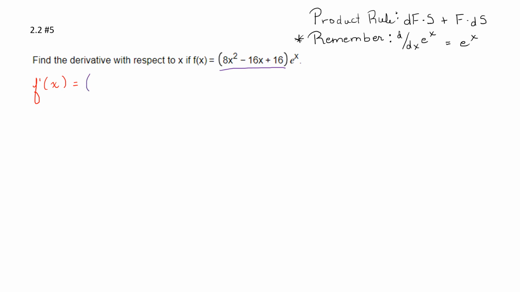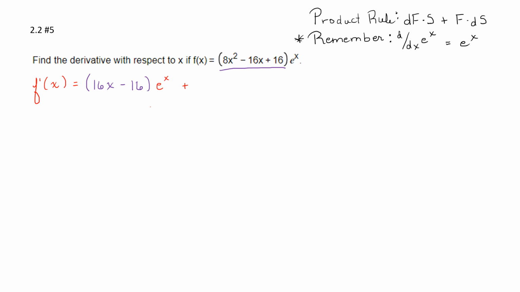So 8x squared will become 16x, and the minus 16x becomes minus 16. The 16 drops off. And that's going to be times the second, which is our e to the x, plus.